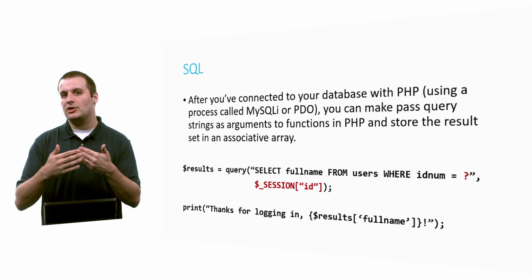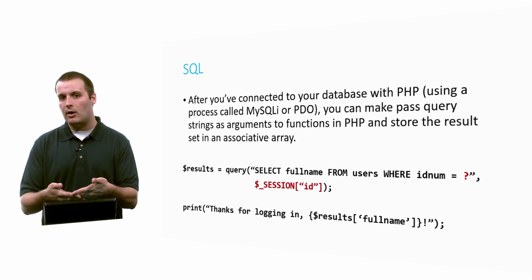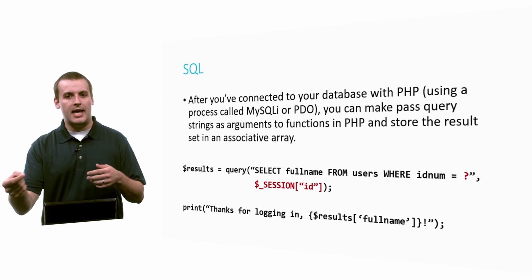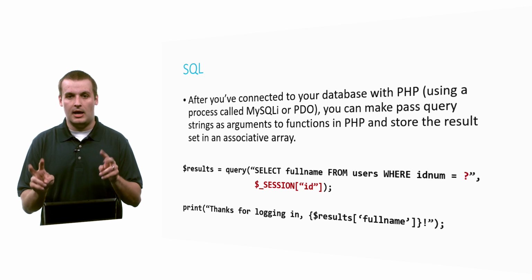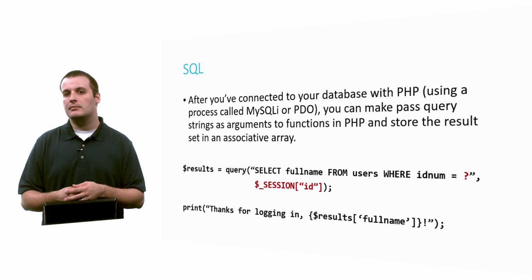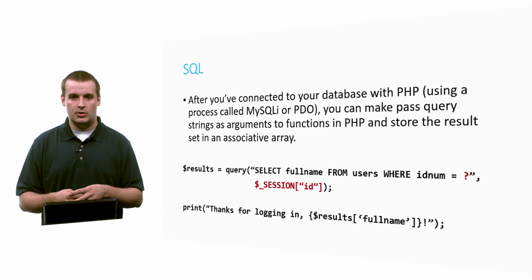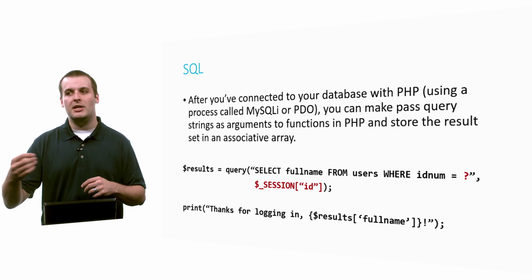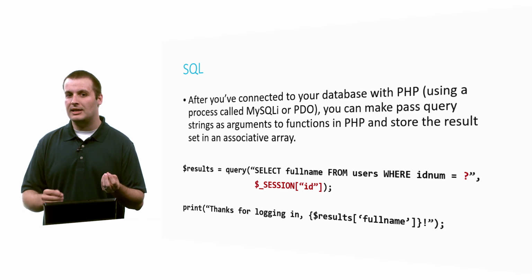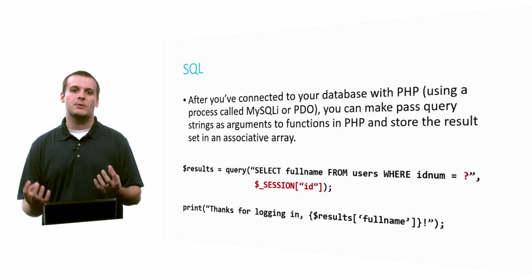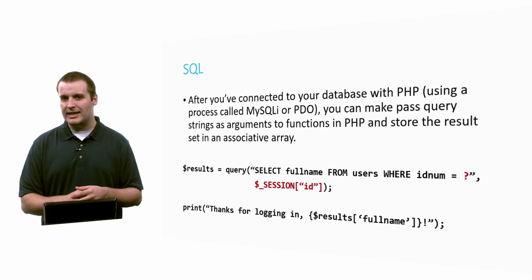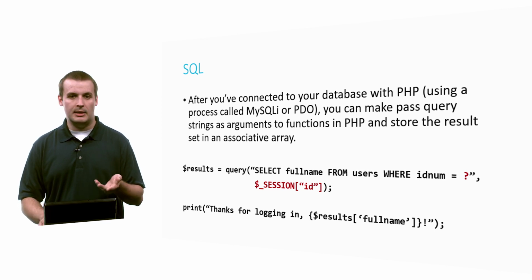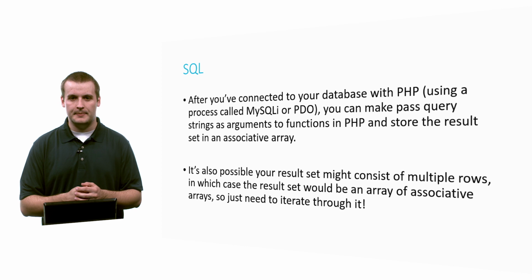And so when we actually execute this query, it would plug in 10, or whatever the $_SESSION ID value is. And so that allows us to be a bit more dynamic, right? We're not hard coding things in anymore. We're saving information somewhere, and then we can use that information again to generalize what we want to do and change the behavior of our page based on what the user's ID number actually is after they've logged in.